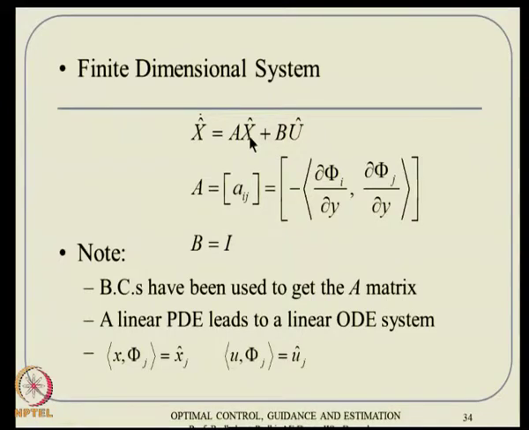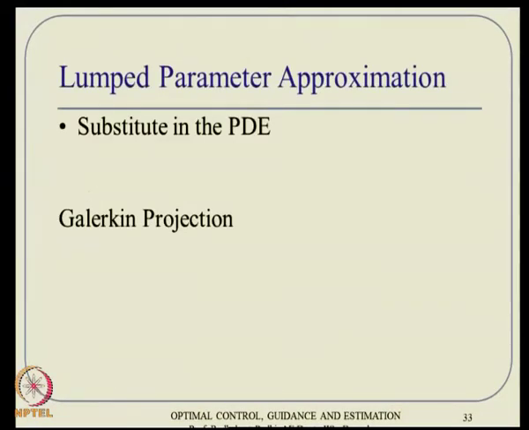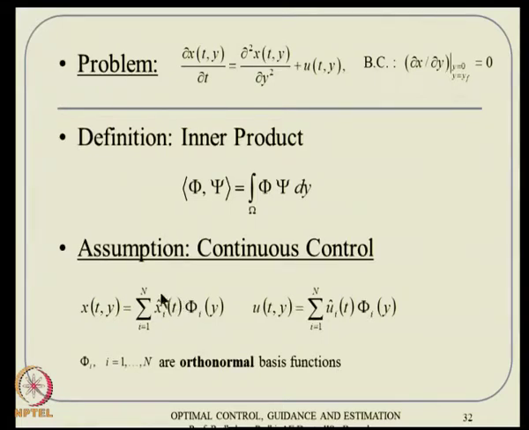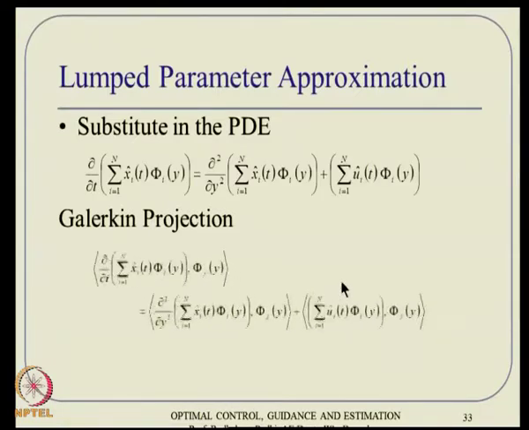These components, x1 hat, x2 hat and so on, sit here, and once everything is known, putting it back in this formula gives x of t and y, and similarly for the control. Individually they represent the magnitude that goes along with that basis function. That is the meaning of these time varying numbers.